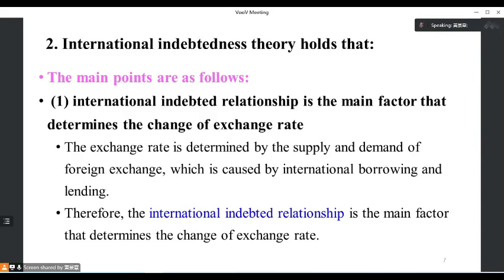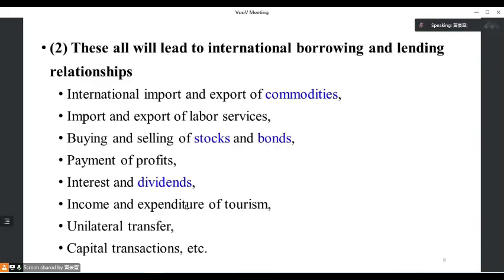And exchange rate is determined by the supply and demand of foreign exchange. And the foreign exchange can be influenced by international borrowing and lending. Let's go on to see.